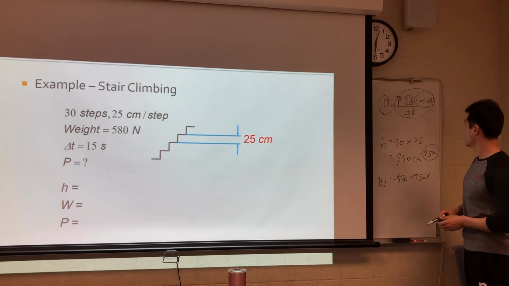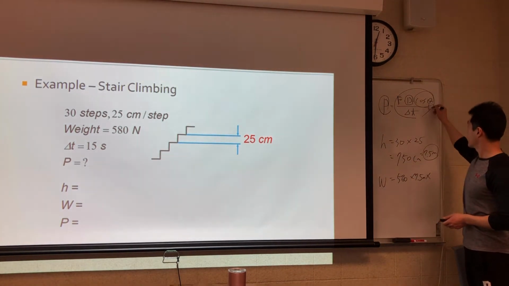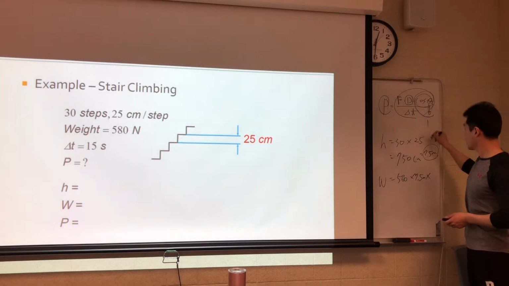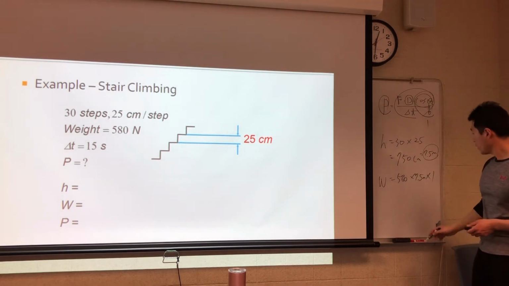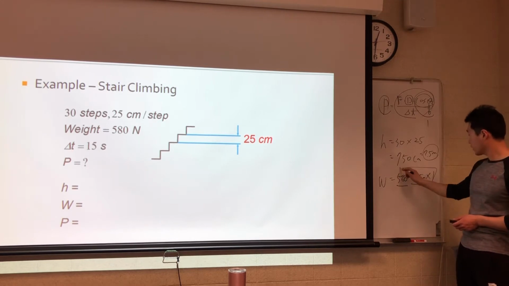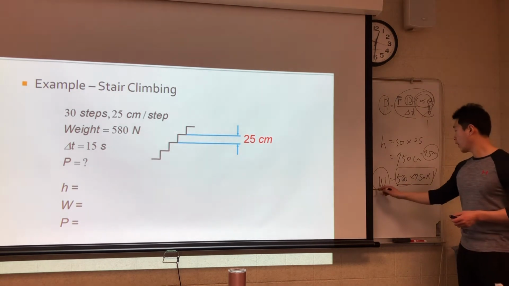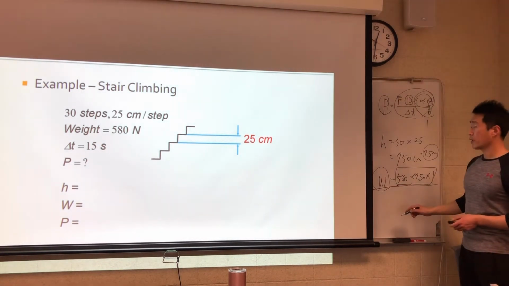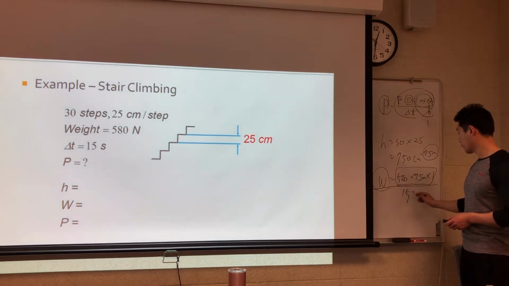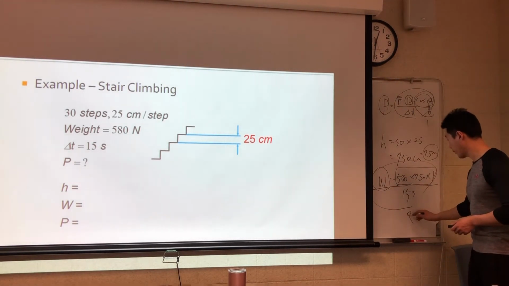That's why the angle between force and displacement in this question will be 0 degrees, so cosine will be 1. So multiply 550 by 7.5, which will give you mechanical work. Once you get this value, divide it by the time, 15 seconds, which will give you power.